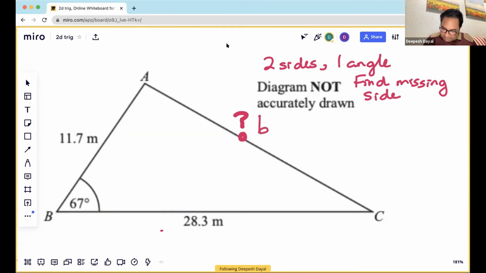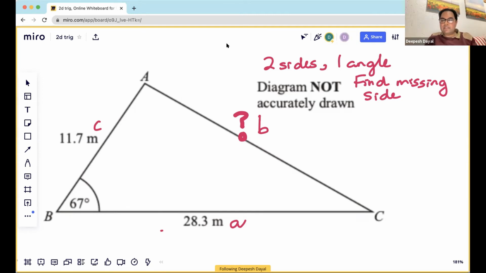Then this is A and this is C. So because we're looking for B, we're going to put that on the front of our equation. Remember what was the original equation? A squared equals B squared plus C squared minus 2BC cos A, right?